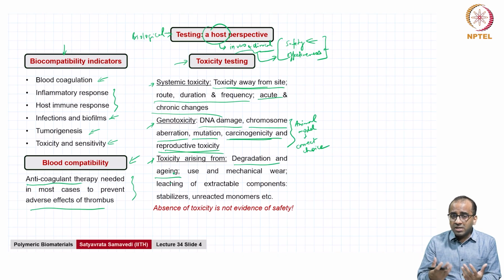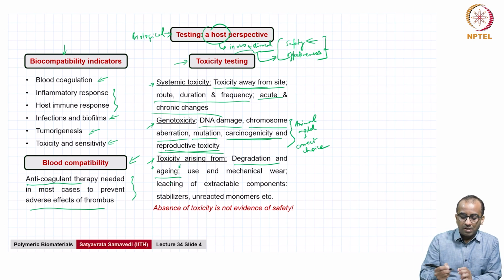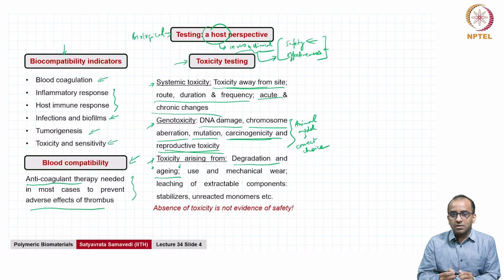Or with repeated use, especially if it's an implant that requires mechanical motion regularly, that can result in degradation. And just the fact that the material is going to be present in the presence of an aqueous buffer at 37 degrees can have aging effects. So all of this has to be considered when we think about toxicity. This also suggests to you the importance of site and the duration of implantation.